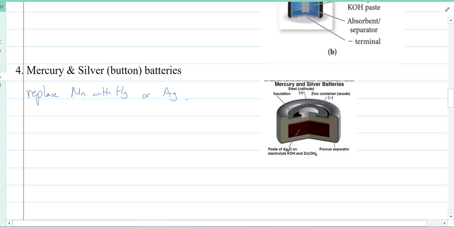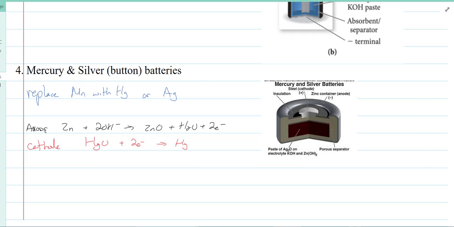When we talk about mercury, the anode is still zinc plus 2 hydroxides going to zinc oxide plus water plus 2 electrons. The cathode now is HgO plus 2 electrons going to Hg.